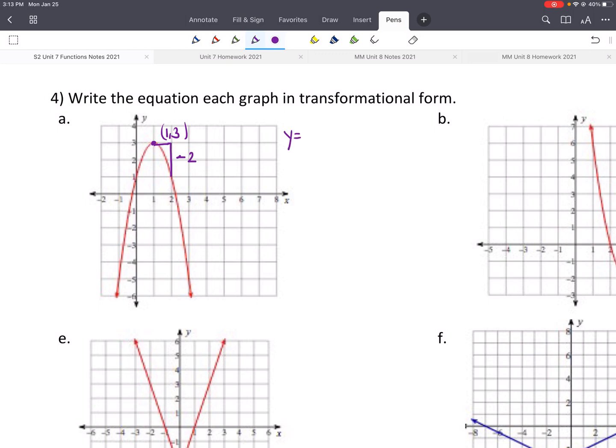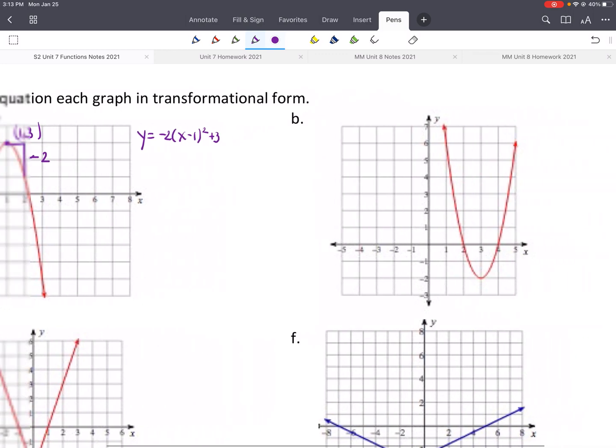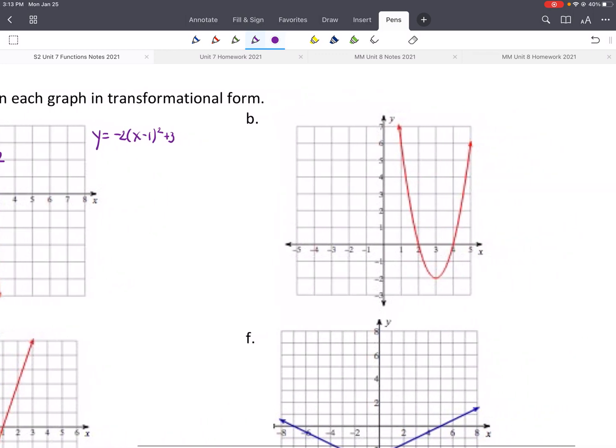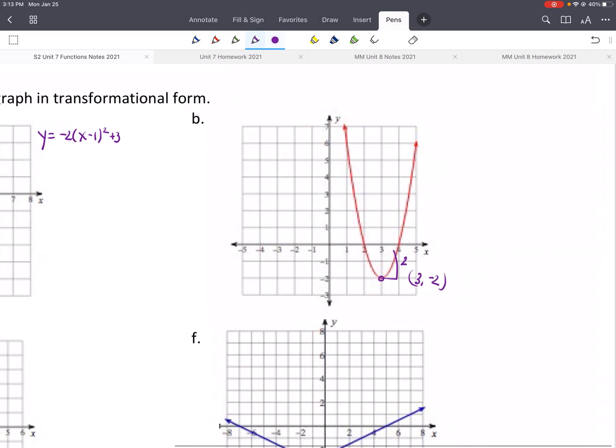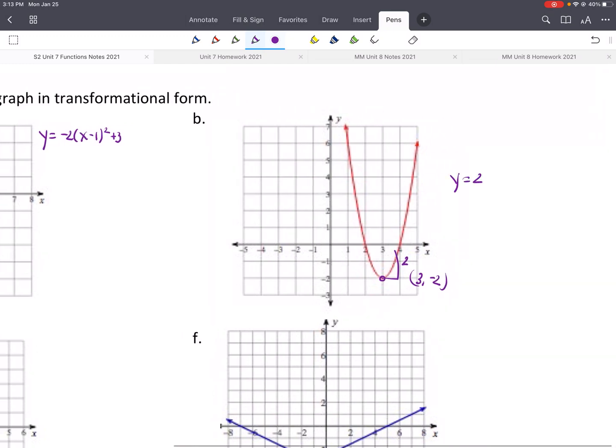So you do something like y equals -2, x minus 1 squared plus 3. We've done that before, so I don't want to spend a whole lot of time on that. Here's another vertex of 3, -2, and it goes over 1 up 2. So we have a is positive 2, so y equals 2, and then we do x minus 3 squared minus 2.